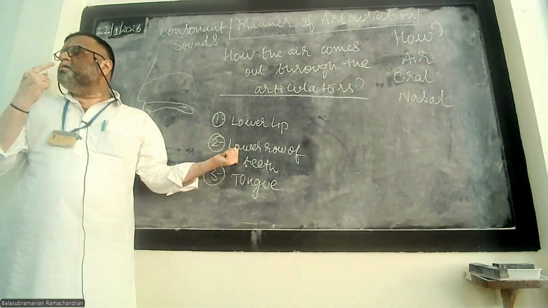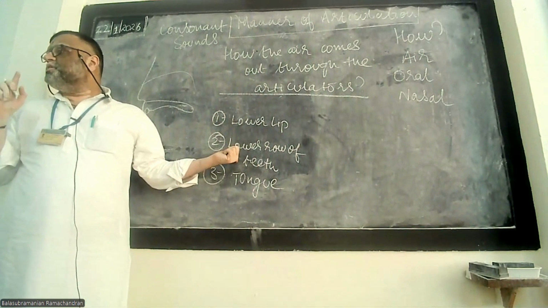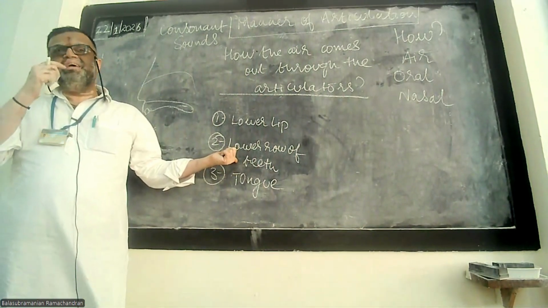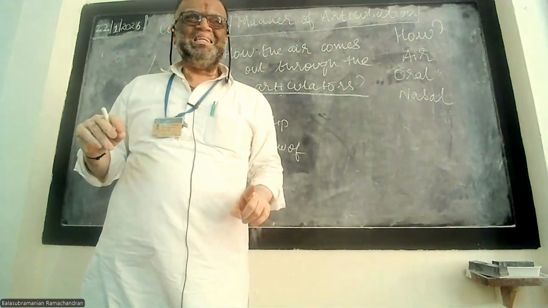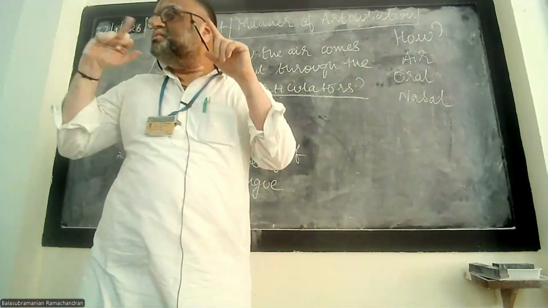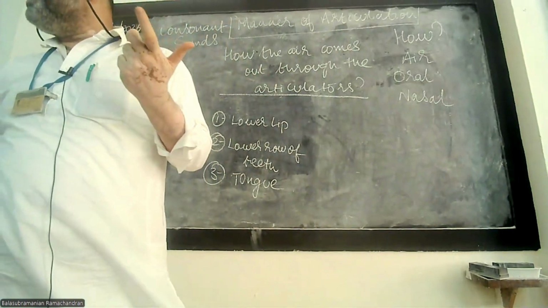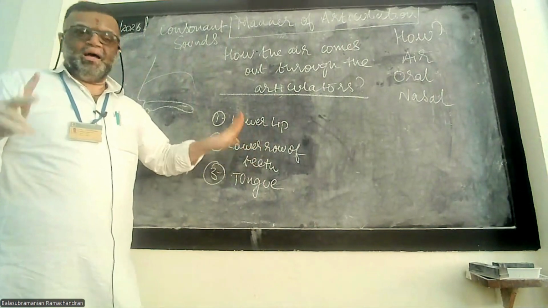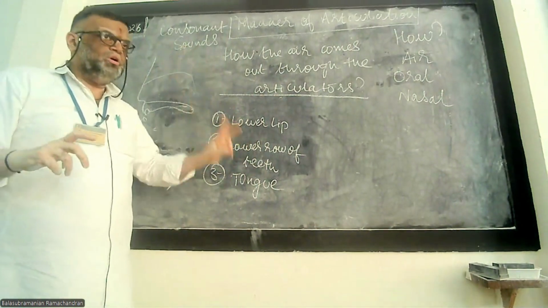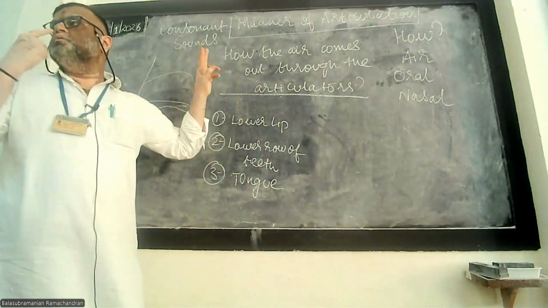Out of these three, tell me if the lower row of teeth is directly involved in articulation. I can do this with my teeth, but is that a speech sound in a language? So I cannot call this an articulator directly. So there are only two articulators.